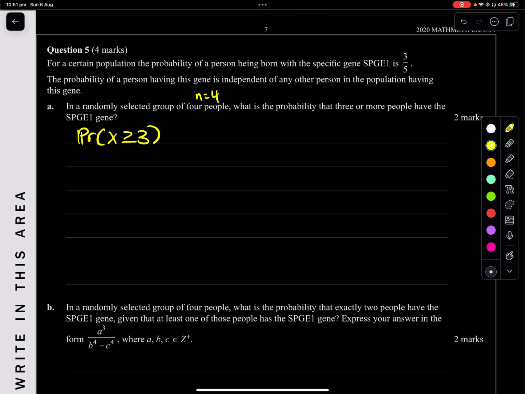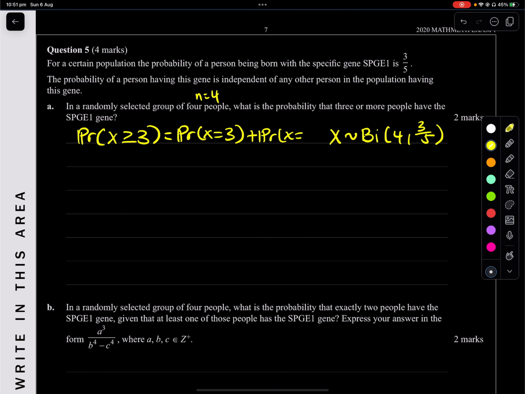Now let's say x is binomially distributed, 4, 3 on 5. We'll write this as the probability that x equals 3 plus the probability that x equals 4. Now, the probability of x equals 3 is what?